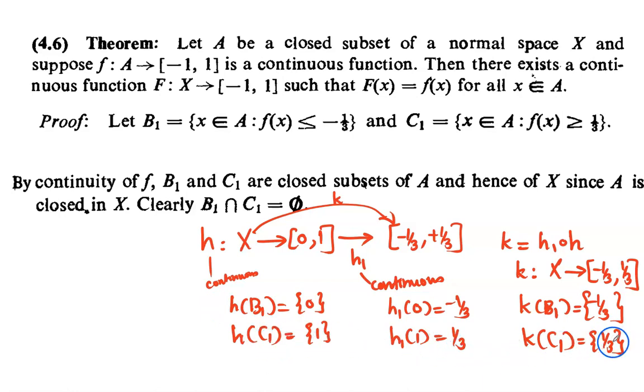So k of C1 can be expressed as the singleton set {1/3}. So we have constructed a continuous function defined from X to the closed interval [-1/3, 1/3] such that the first closed set B1 is mapped to -1/3 and C1 is mapped to +1/3.